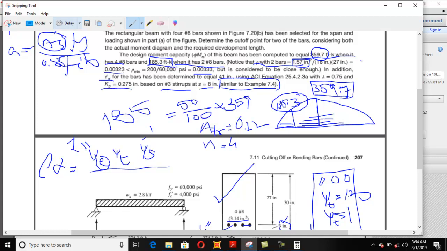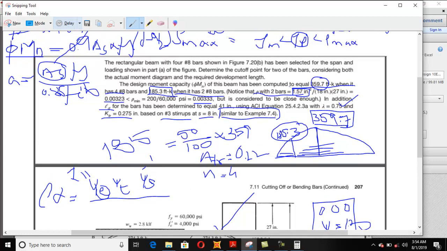From there, lambda value, you will consider lambda value will be 0.75. He did not say anything about whether it is lightweight concrete or normal weight concrete. So you consider lambda equal to 0.75 and you check whether ld comes out to be 41 inches.